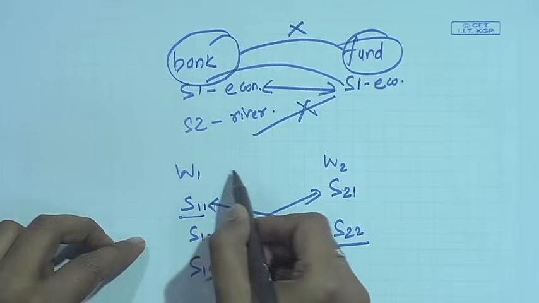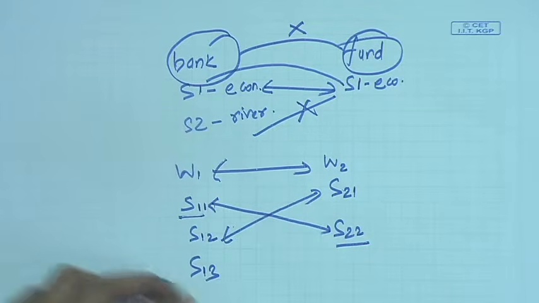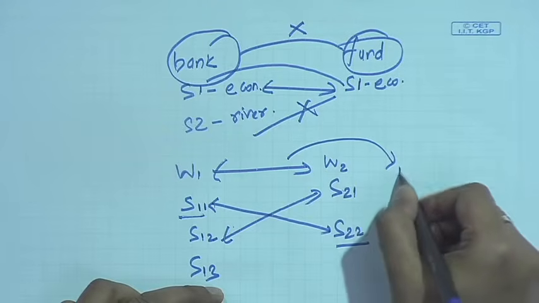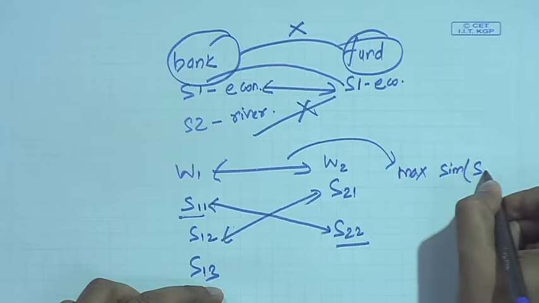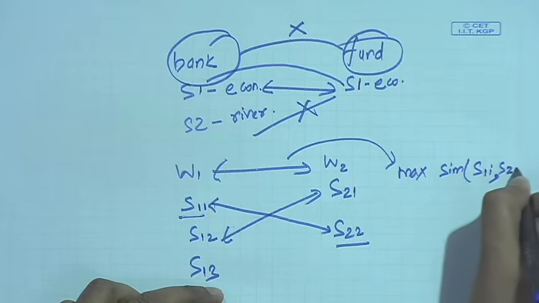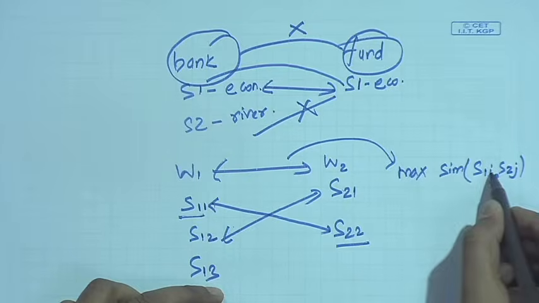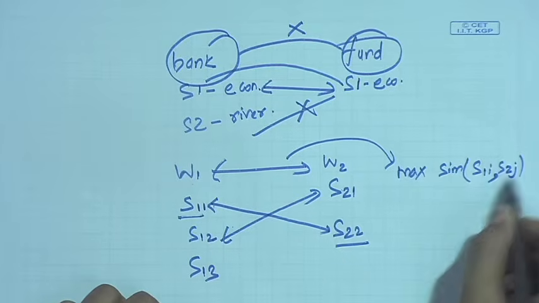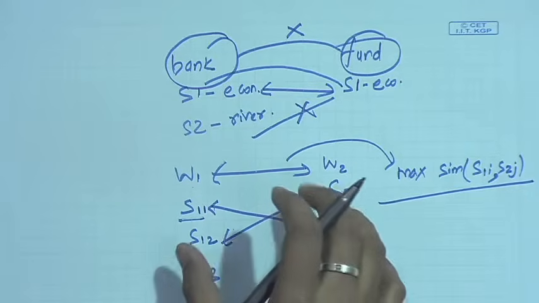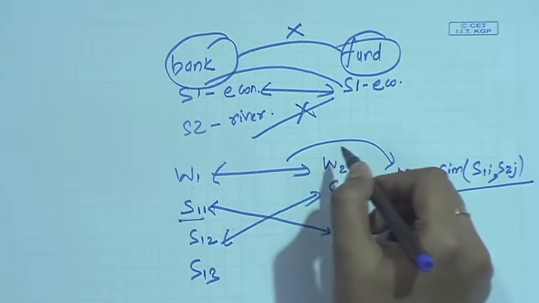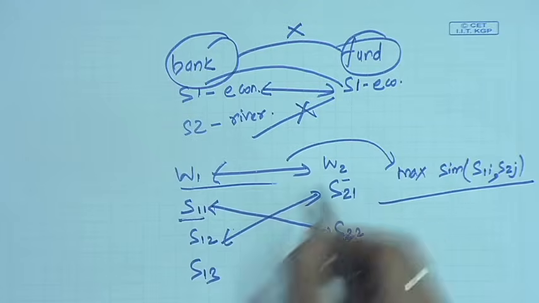Now, how do I establish similarity between W1 and W2? The similarity is the maximum value of similarity between S1i and S2j. You take any sense for the first word, any sense for the second word, and whatever is the maximum similarity between a pair gives the similarity between these two words.